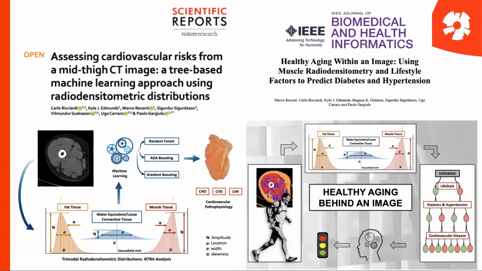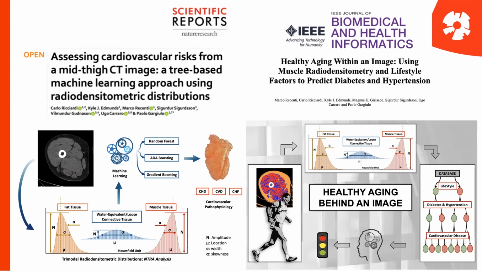But among their acquisitions, they also had cross-sectional data from the mid-thigh femur. So we have been able to look at over 5,000 cross-sectional slices and to test our profile. We did find that the values that come from this muscle profile can predict cardiovascular pathology, and particularly they have been very useful when looking at connective tissue.